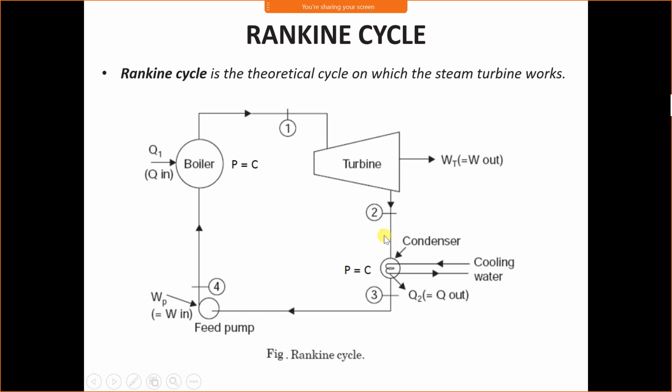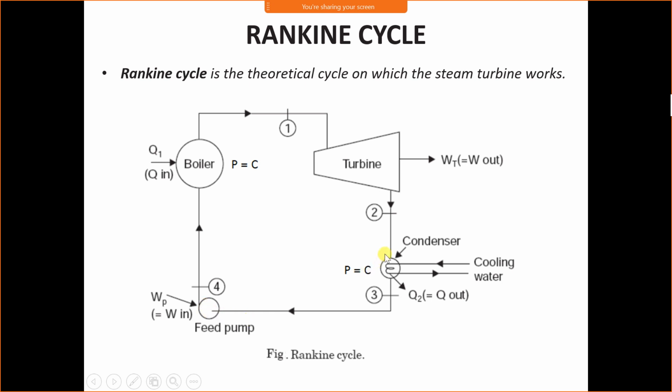Therefore, we cannot supply that mixture of water and vapor to the boiler directly through the pump. We need a pump to supply water because we have to supply pressurized fluid to the boiler, but we cannot supply a mixture of water and vapor because a pump is used to push liquid only.